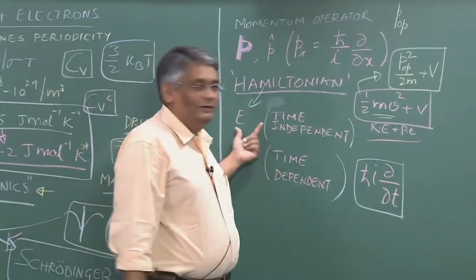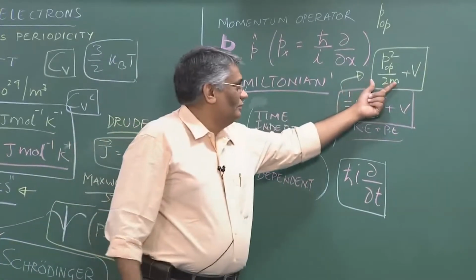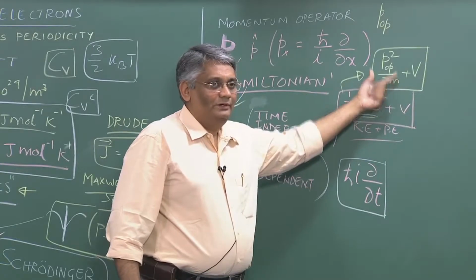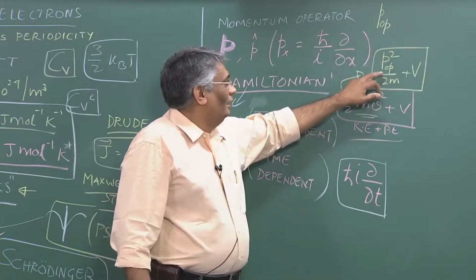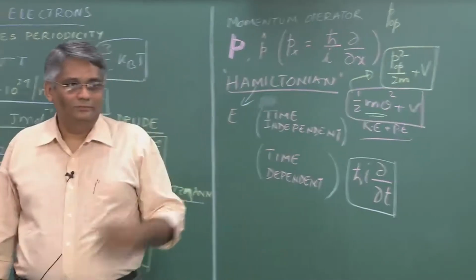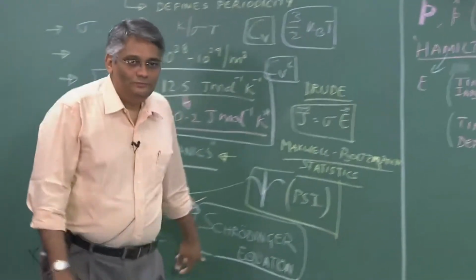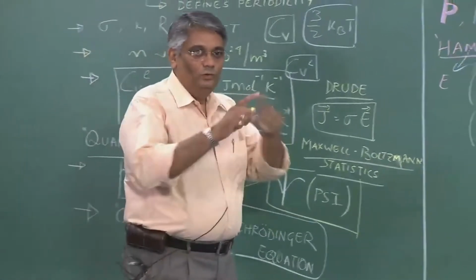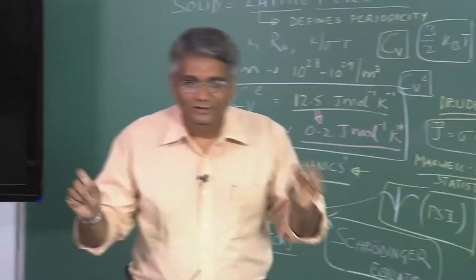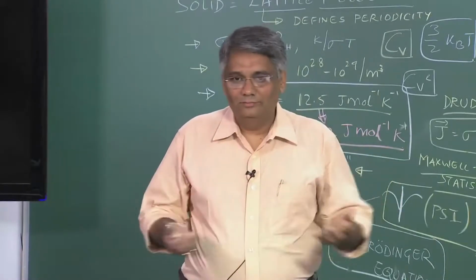So in other words, the total energy term can be written in terms of kinetic energy and potential energy, and the kinetic energy term is written in terms of the momentum. And if you replace this momentum operator by that equation, you get the basic equation of Schrodinger in terms of two quantities expressed in slightly different way. So basically it's an energy conservation equation written in a quantum mechanical form.